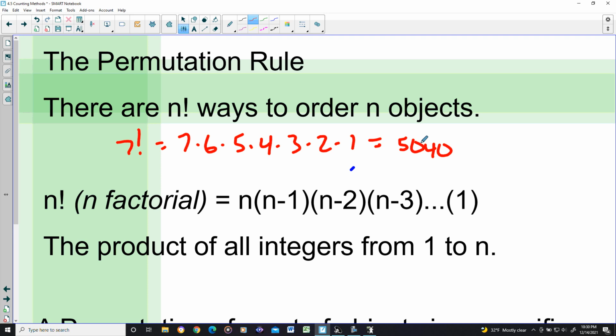Factorials get very high very quickly. For example, 10 factorial is equal to 3,628,800. And then from there, every number that you multiply, so to get to 11 factorial, you multiply by 11, and then you multiply by 12 to get the next one, and then multiply by 13.